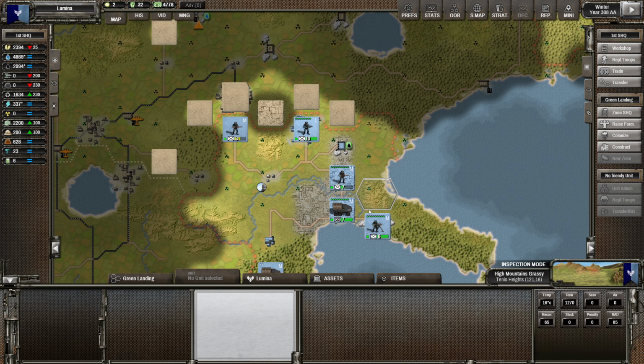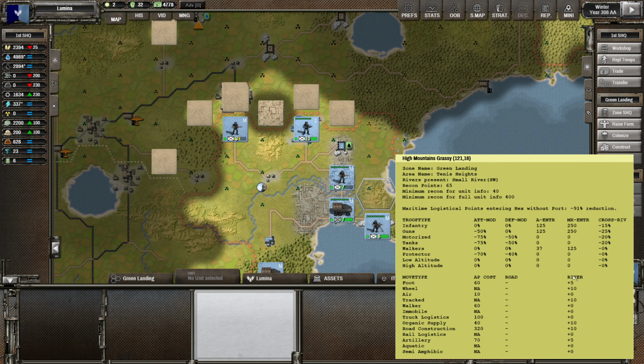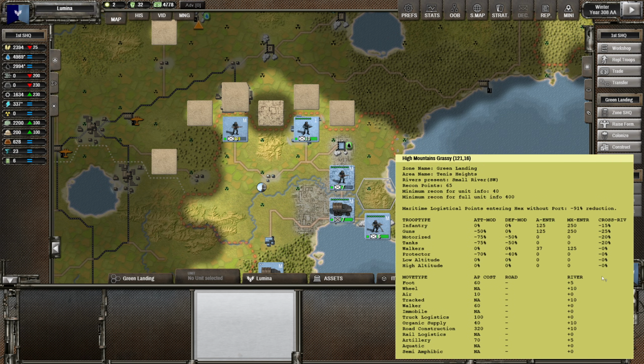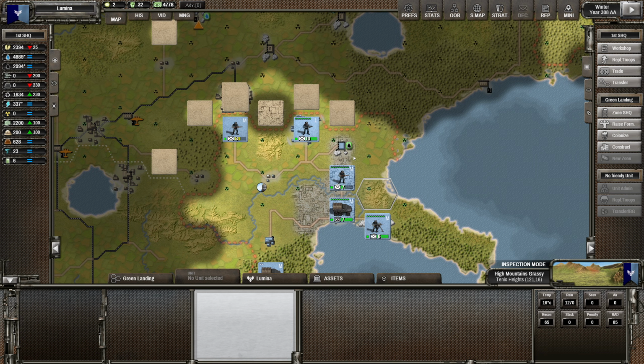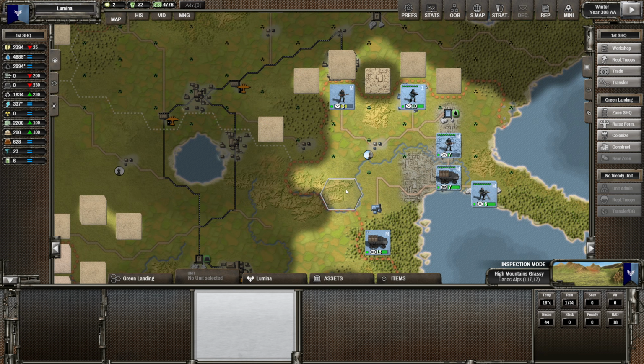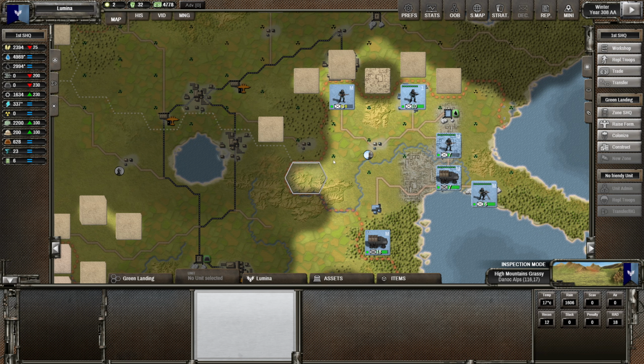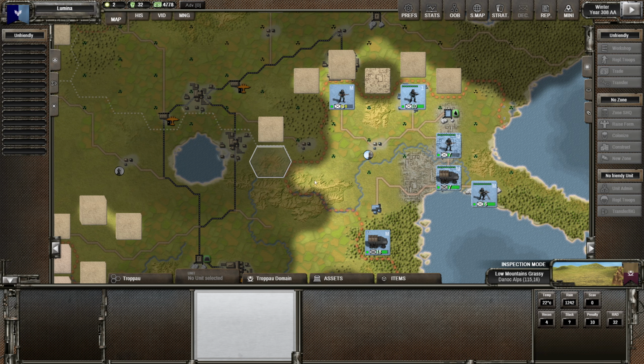So tanks are absolutely abysmal attacking into mountains, and when they're defending in mountains, they get a minus 50% penalty as well. Whereas walkers, which are like giant robots essentially, don't get any penalty at all. So that tells you that if you've got a load of mountains to go over, don't bring tanks, bring walkers and infantry, because they're going to fight really well.